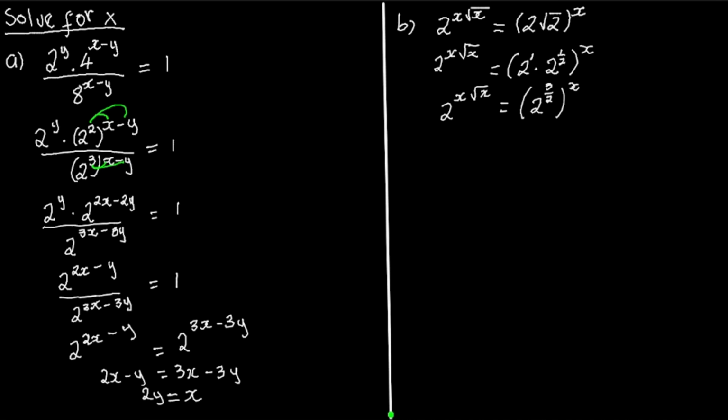We still have our x. And then on the next step, guys, we are simply going to take this x and multiply it with the exponent of our base, which is 2. Okay, so we are going to have 2 raised to the exponent of 3 over 2x.